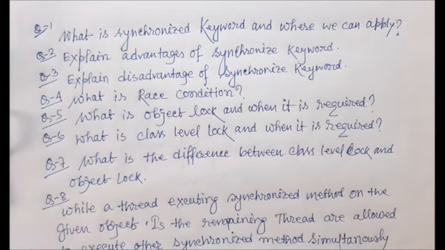We have discussed that a class may contain different synchronized methods. If any thread has got the lock to execute a particular synchronized method, will any other thread be allowed to execute other synchronized methods?